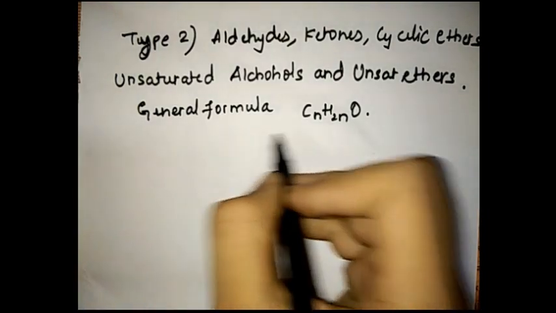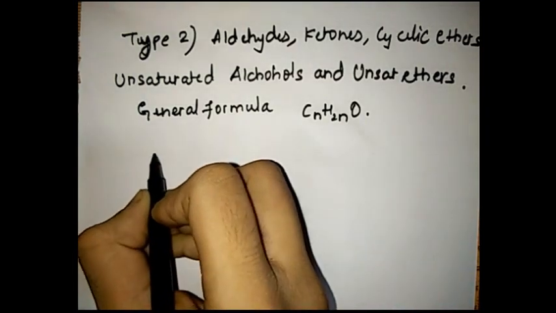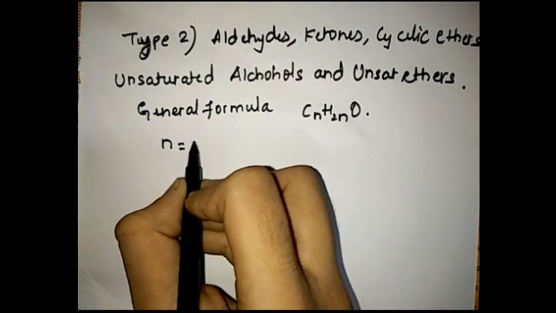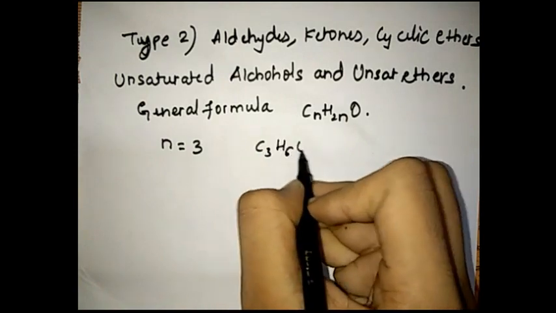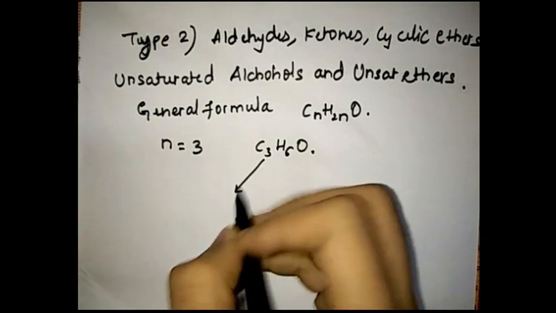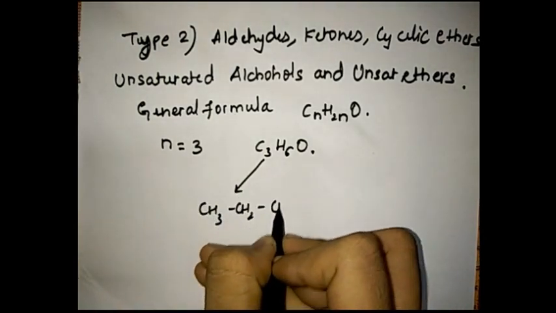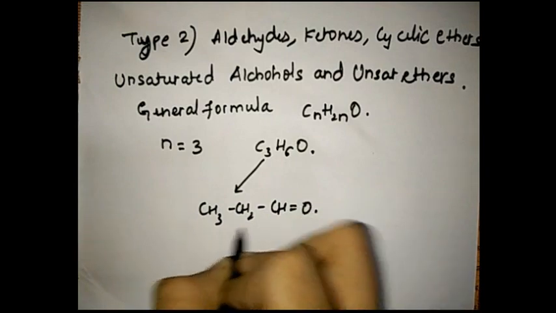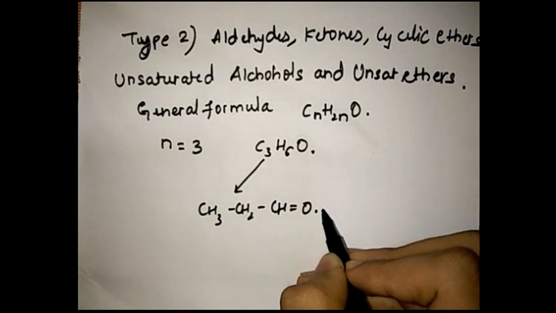So if we put n equal to 3, it will be C3H6O. So it can be CH3CH2CH=O. It is an aldehyde.